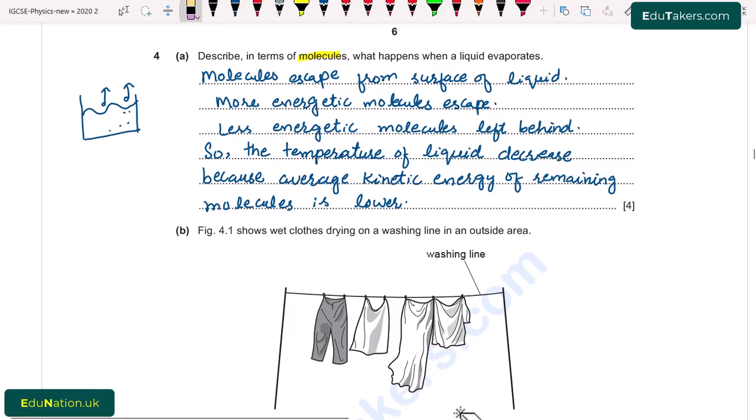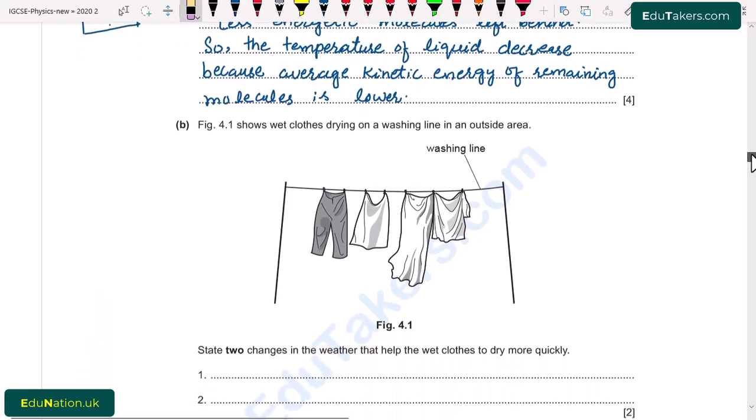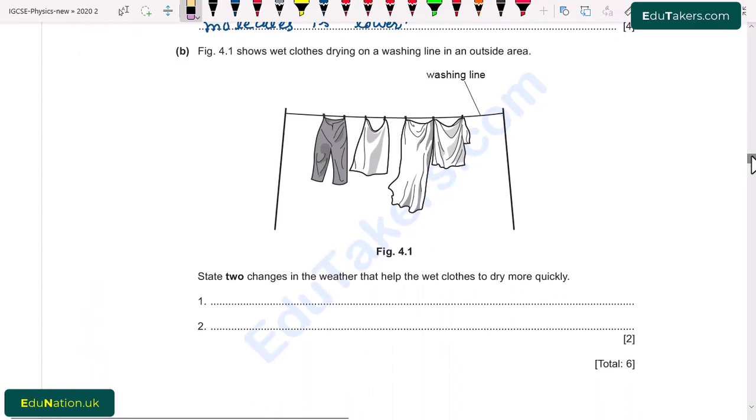Part B. You can see here there is a figure. Figure 4.1 shows wet cloths drying on a washing line in an outside area. State two changes in the weather that help the wet cloths to dry more quickly.